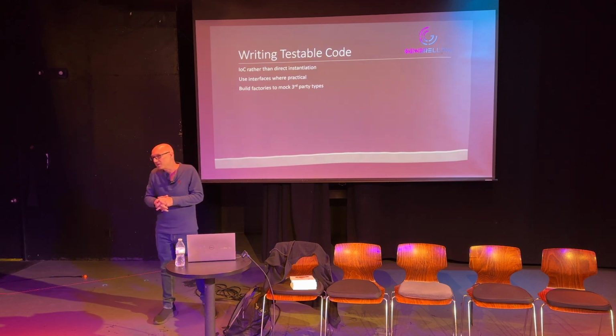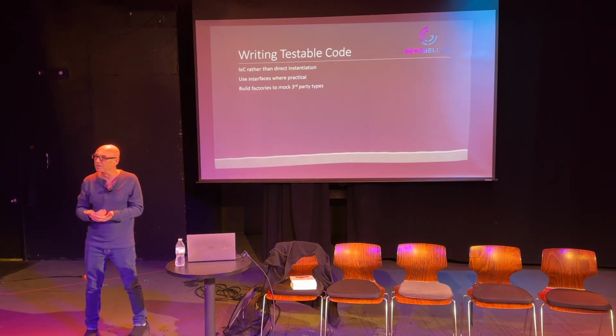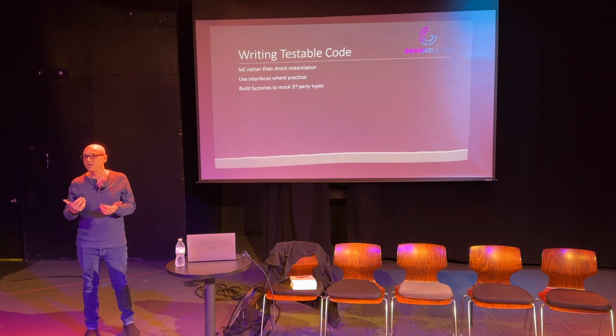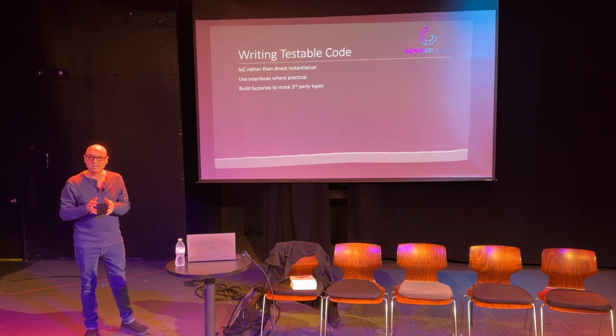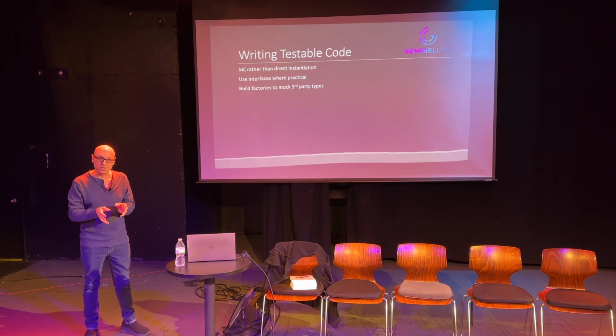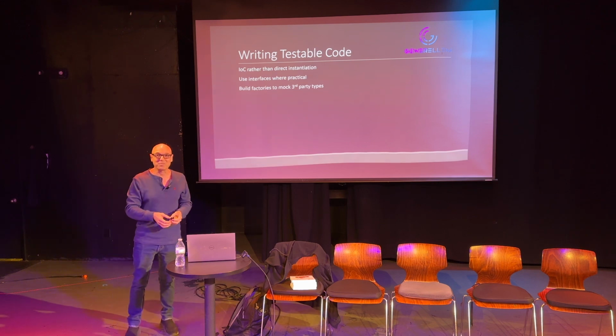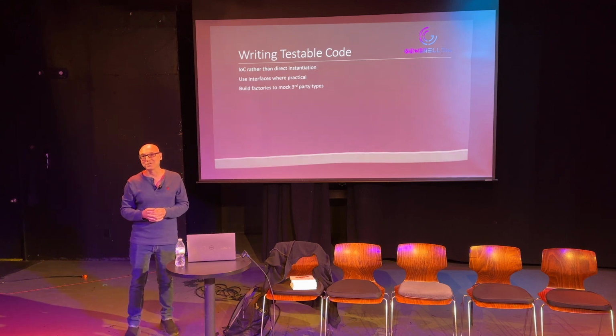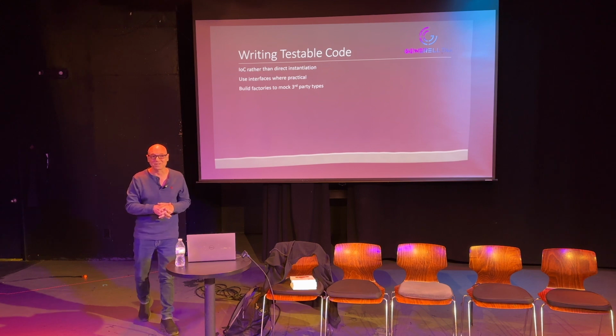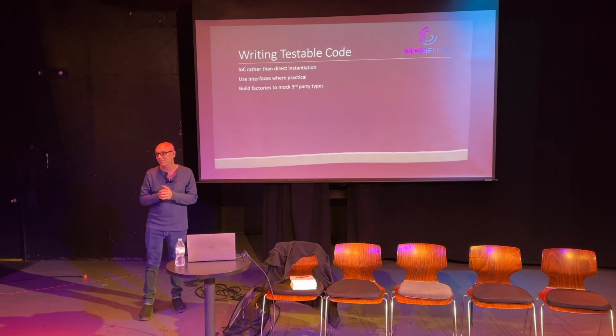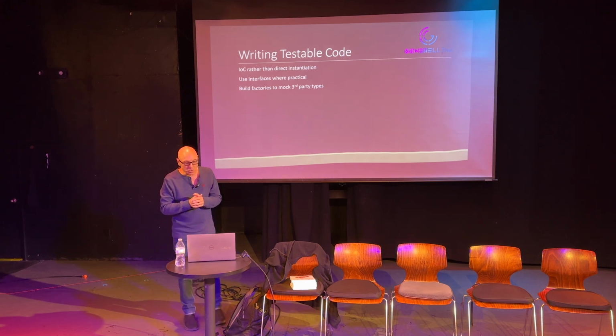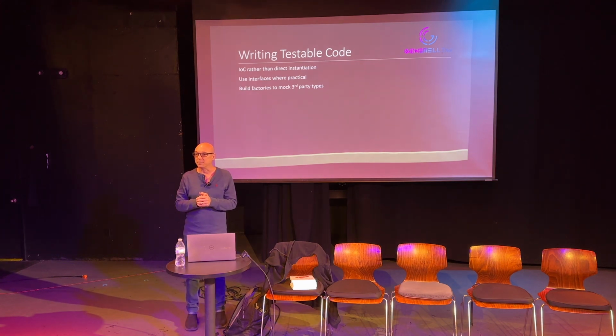You've got languages like Python and JavaScript that are dynamically typed. And so you can use mocking frameworks, and the testing may be a whole lot easier because you can pretty much mock everything. I did some unit testing in JavaScript recently pretty heavily, and it was really easy to unit test. But with C#, because everything's strongly typed, things change.